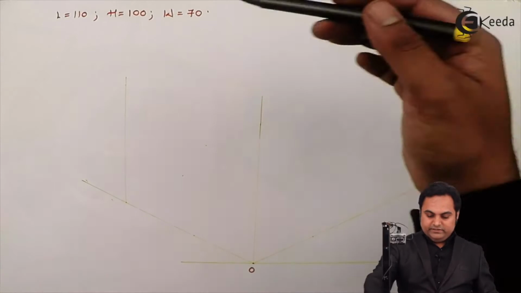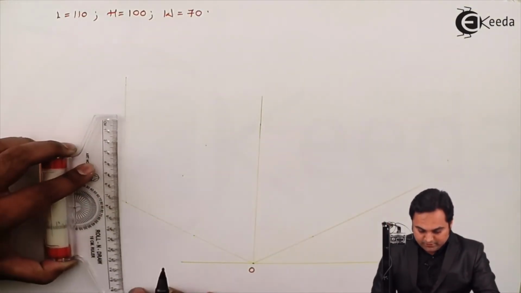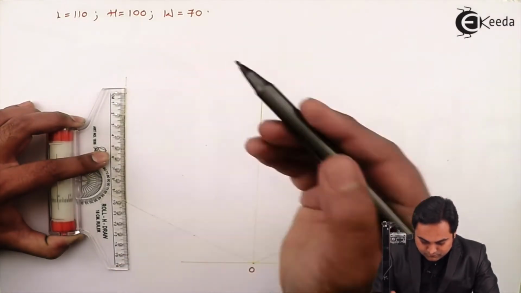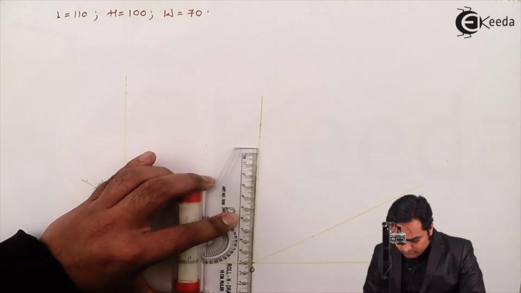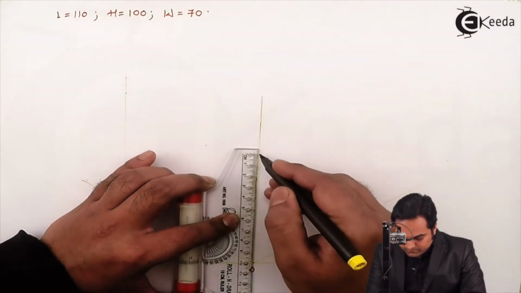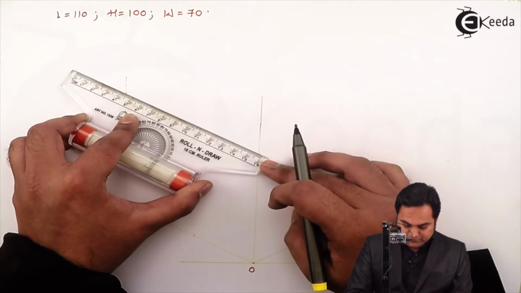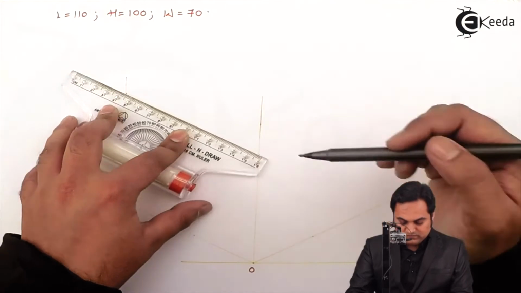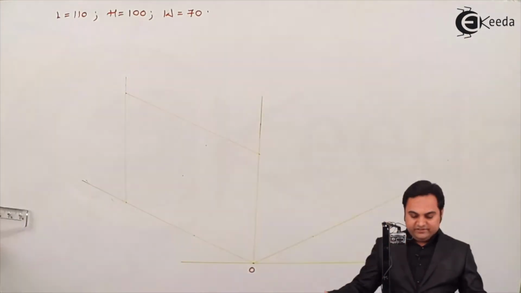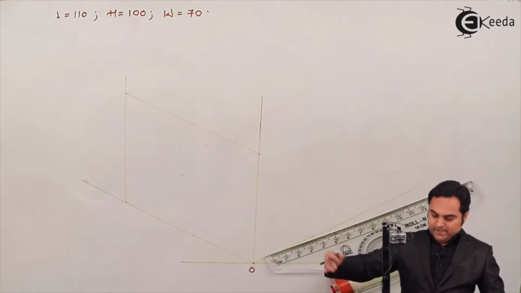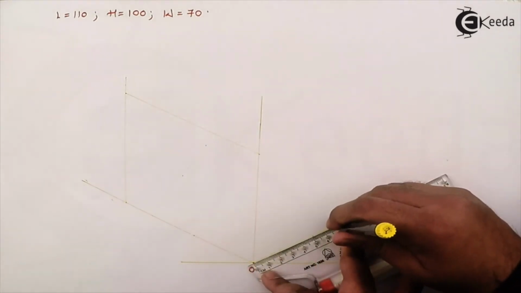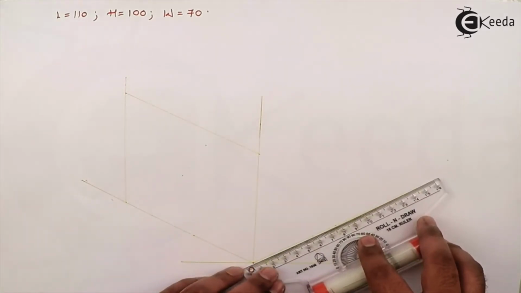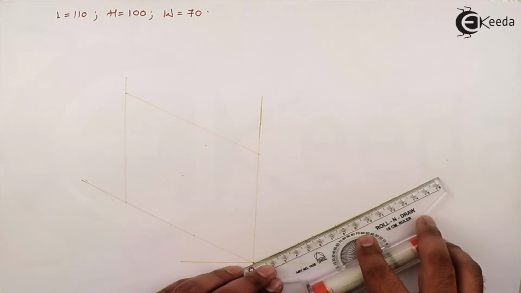Now the total height is 100 mm, so I'll mark the total height here. Joining these points. Then the total width is 70 mm, so the width would be marked on this side. Then through this point I'll draw a line parallel to the width which I have marked.